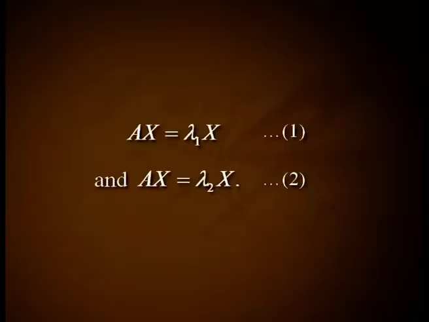Let us assume that there exist two distinct characteristic roots lambda 1 and lambda 2 corresponding to a given non-zero characteristic vector x of a square matrix A. Then we have A into x equal to lambda 1 into x, equation 1, and A into x equal to lambda 2 into x, equation 2.